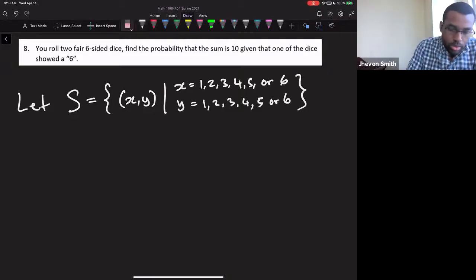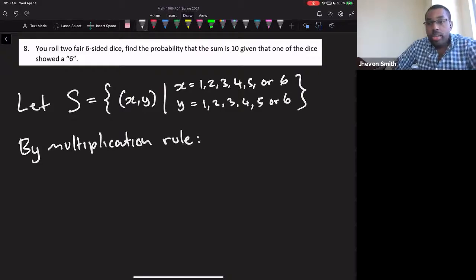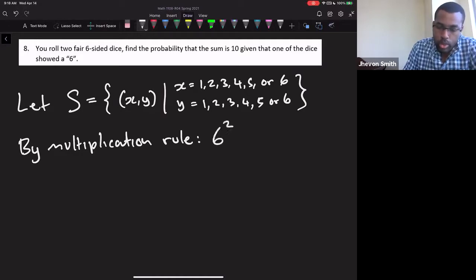By multiplication rule, this is just creating a set of 2 tuples where I have 6 options for the first coordinate and 6 options for the second coordinate. So this is just going to be 6 squared, the size of S.